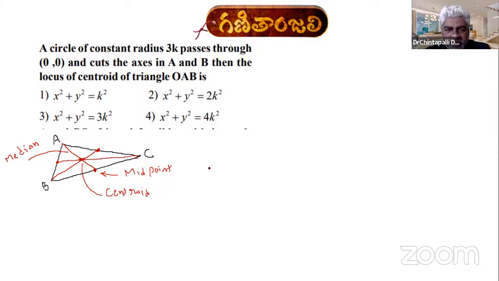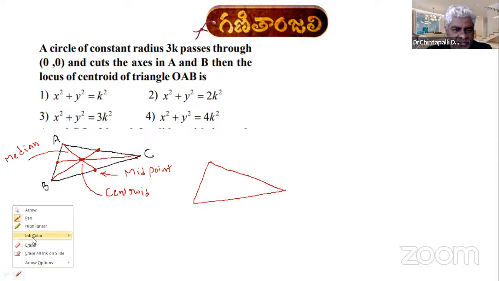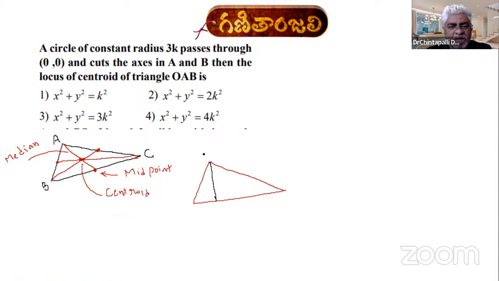Let me remind you of one more point in this situation. This is a triangle. See, in this triangle, this is the altitude, that means height. This is the altitude drawn through A. Altitude means perpendicular.